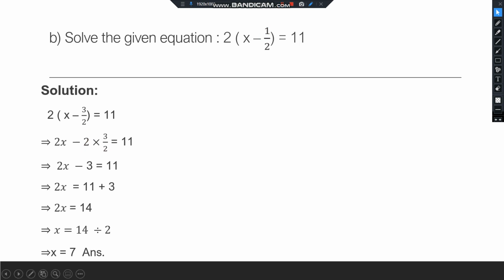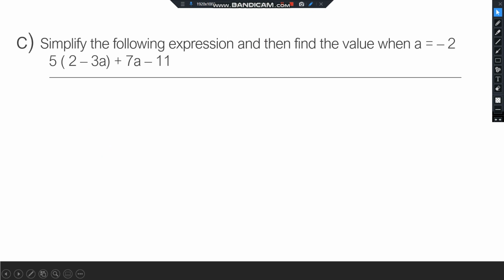Look at the next sum. C part, simplify the following expression and then find the value when a is given as minus 2. So here look at the question carefully and read the question. It says simplify the following expression, and I am emphasizing the question because most of you have done it by putting the value of a as minus 2, which is the wrong approach.